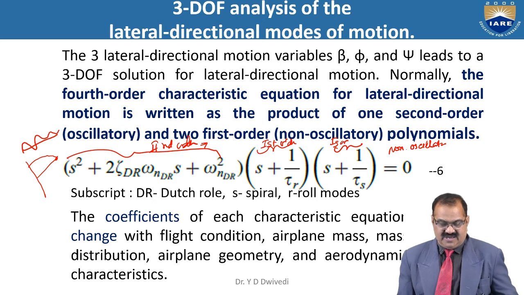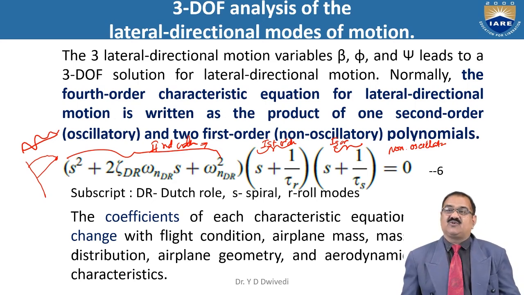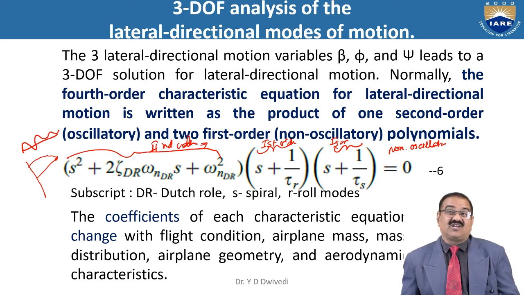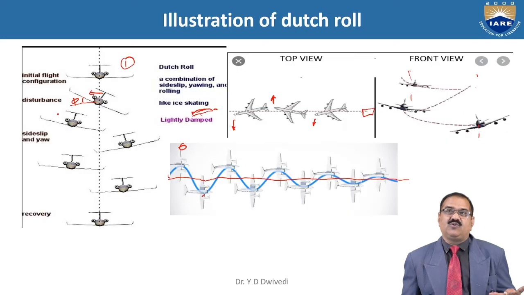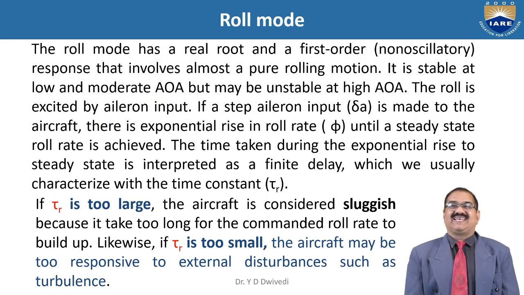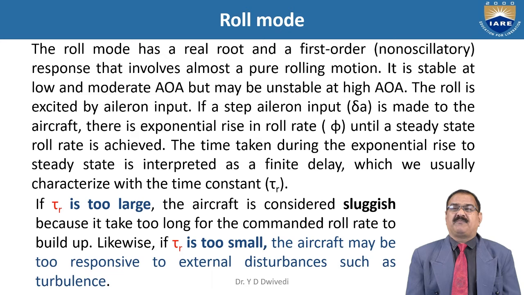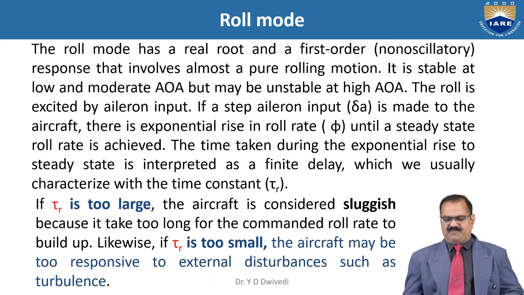In this, these equations are first order: s plus 1 by tau r. This is the first order for the roll, and we are going to discuss it. The roll mode has a real root and a first order non-oscillatory response that involves almost a pure rolling motion. Roll means pure rolling.